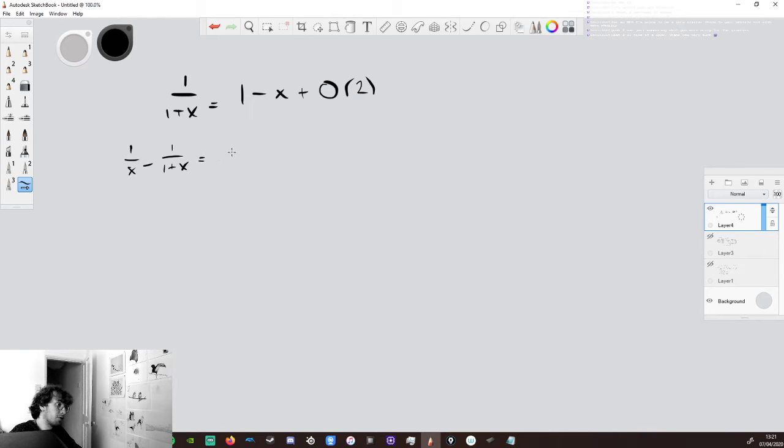It's going to give us 1 plus x minus x, such as 1 over x times 1 plus x. Just 1 over x times 1 over 1 plus x.